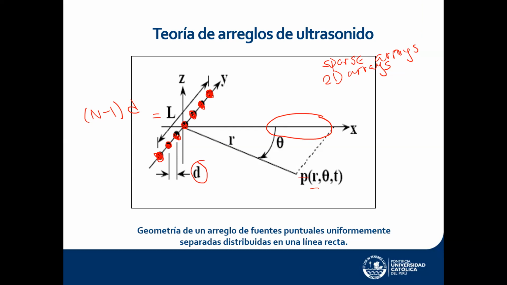The tricky one probably to conceptualize would be what's the pattern that we should be observing if we were to analyze this in the x and y plane, right? Because it actually involves calculating the Fourier transform of an arrangement of points, right? And you have an arrangement of points along a line.